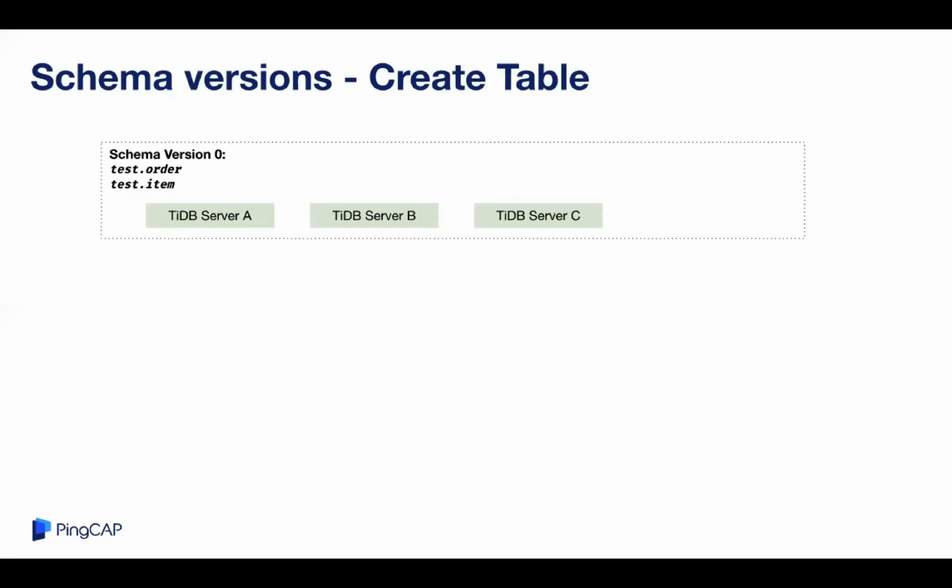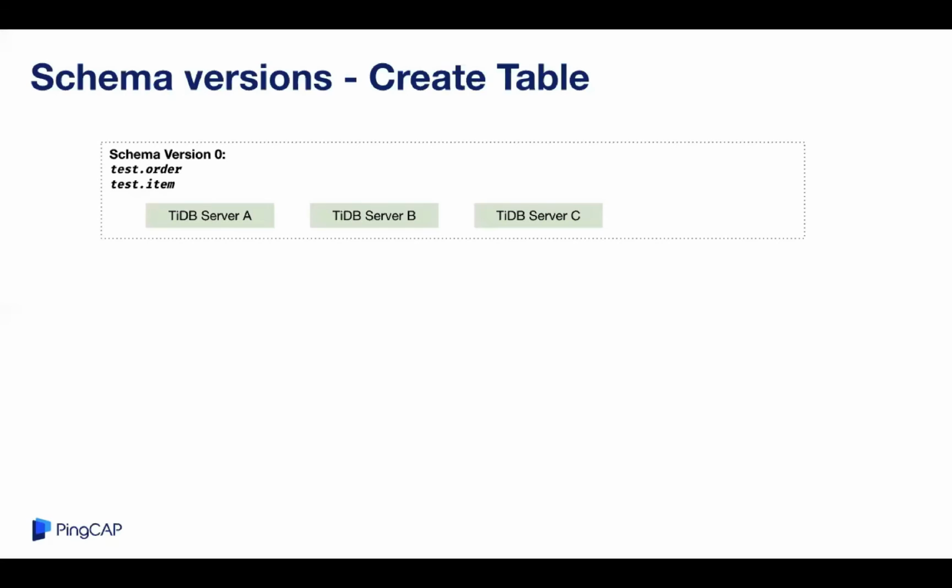So firstly, the basic concepts. The first concept is schema versions. The TiDB system uses an MVCC model, which means that all the data has a timestamp or a version. Let's take create table as an example.